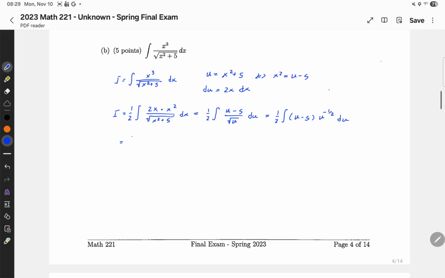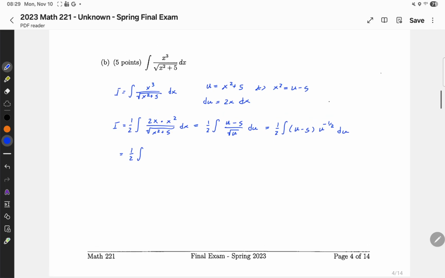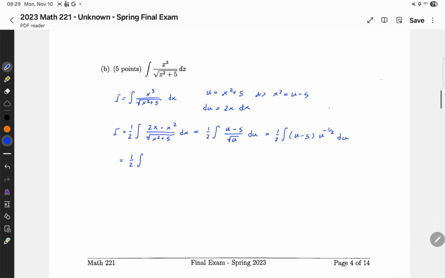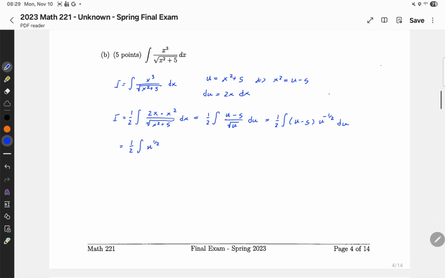We get 1/2 times the integral of u times u to the minus 1/2. Remember, we add the exponents when we multiply like bases, so this is just 1 minus 1/2, which is u to the 1/2. Hopefully that makes sense. And then we subtract 5u to the minus 1/2, du.